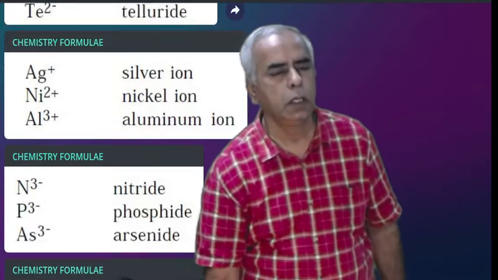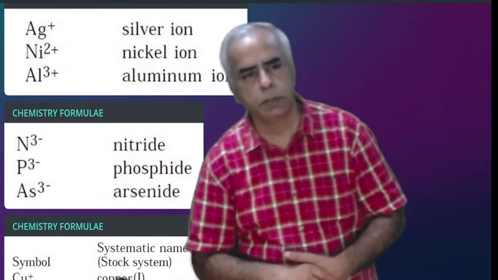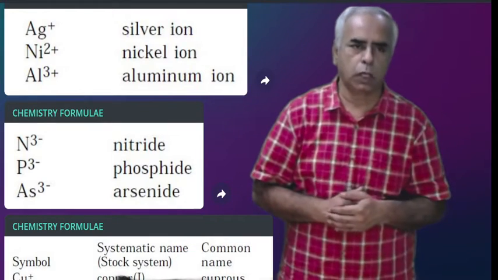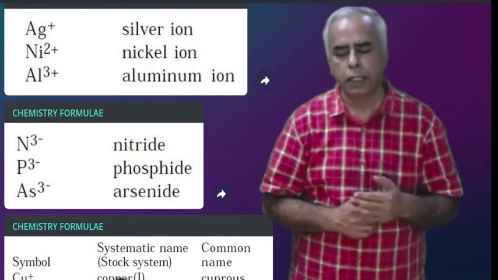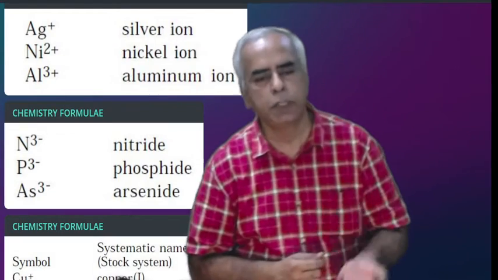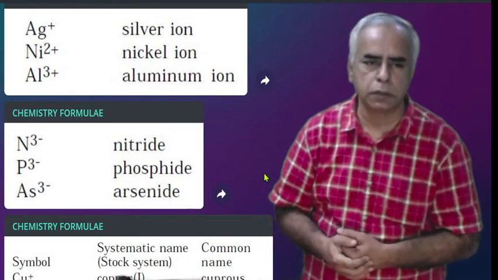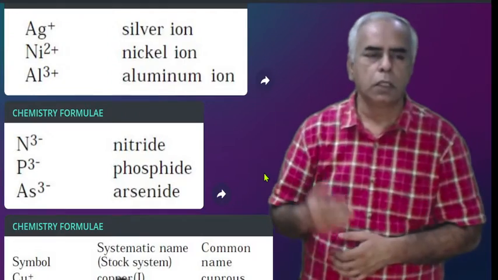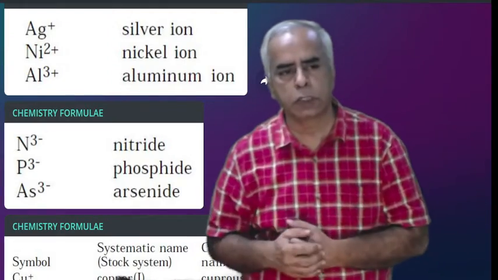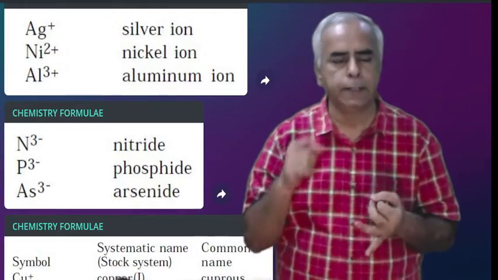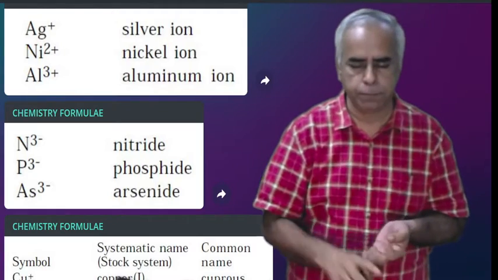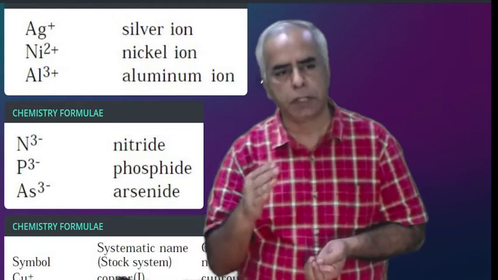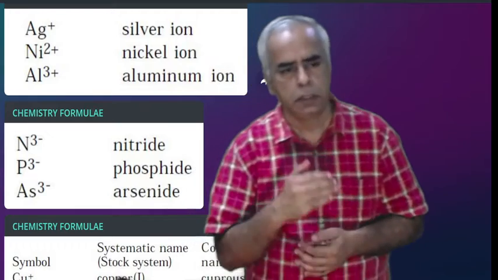These are all the important anions. Similarly, silver, Ag plus ion; nickel, Ni2 plus ion; aluminium, Al3 plus, a trivalent cation. Similarly, we have trivalent anions like nitride, phosphide and arsenide: N3 minus, P3 minus and As3 minus.